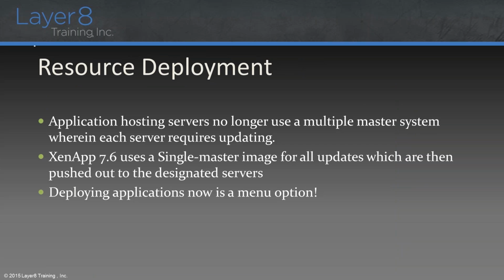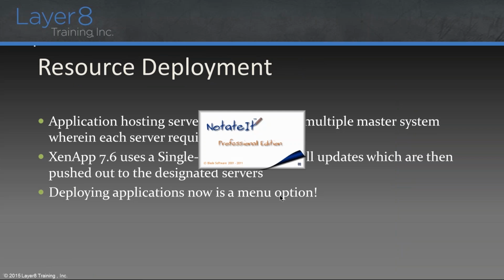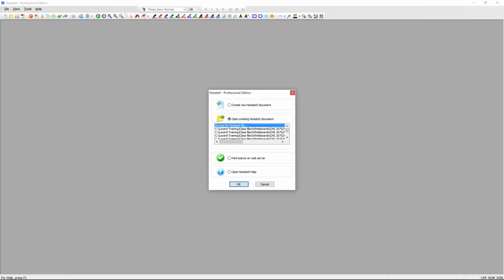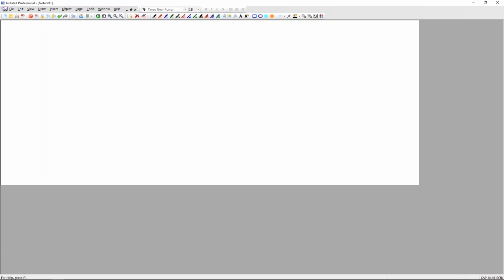When we're deploying resources, we look at the machines that are providing the resources for our users. Now, one of the nice things about the way we do the system is we no longer have what I call a multi-master system. So essentially what you're going to see is this. Let's open up a new document here.